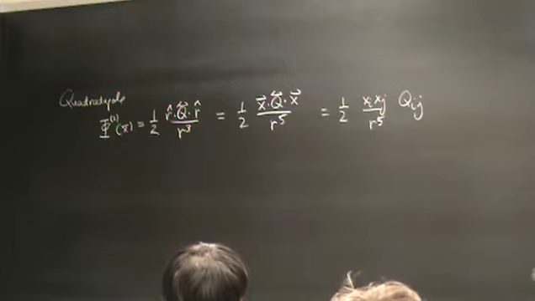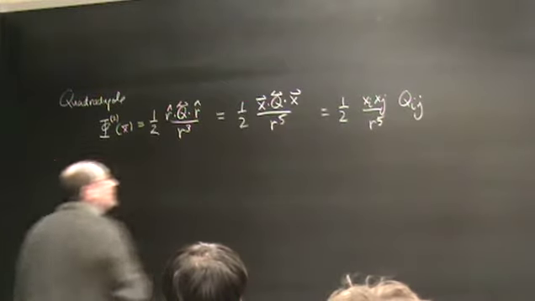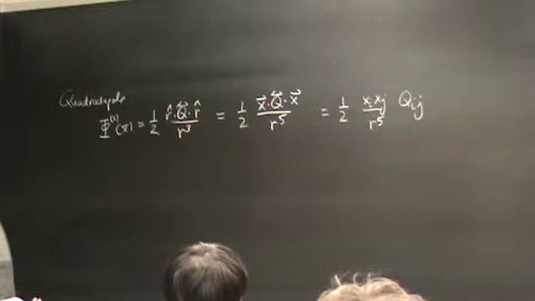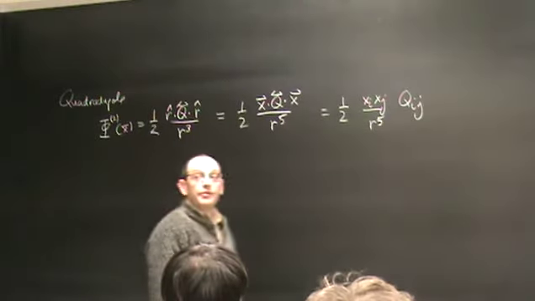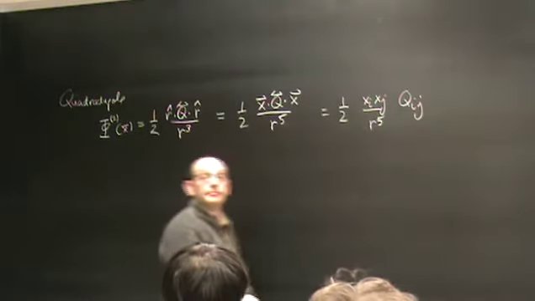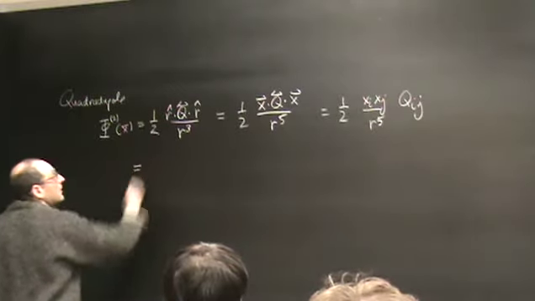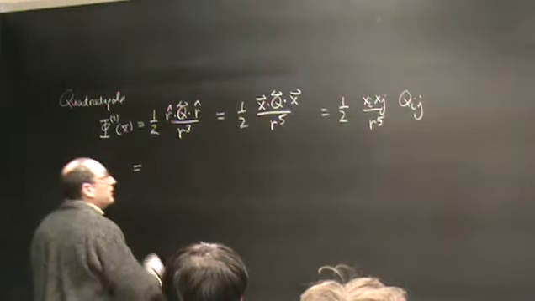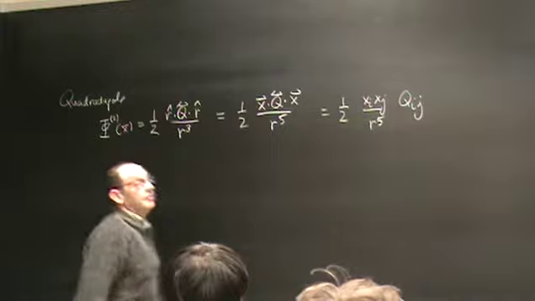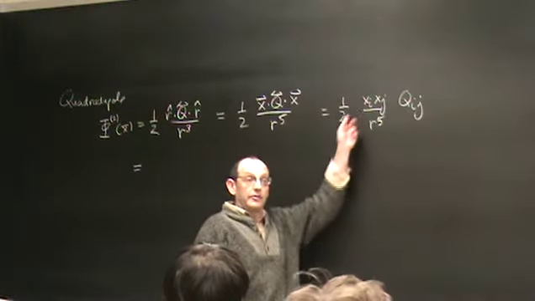Okay? So let's write this out. Remember that Qxy equals Qyx. So in off-diagonal terms, you get twice of them, but then with a factor of 2.